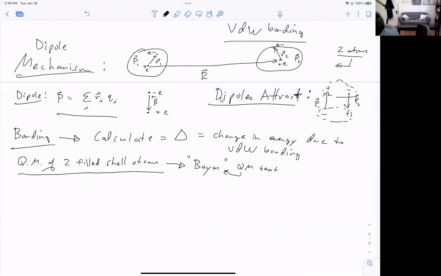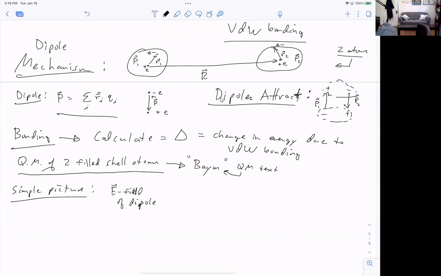But there's a really simple way of looking at it. Very simple picture. And that simple picture is the following. Let's consider the E field of a dipole.